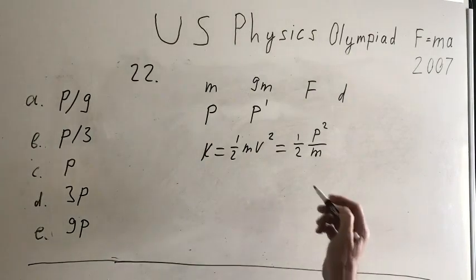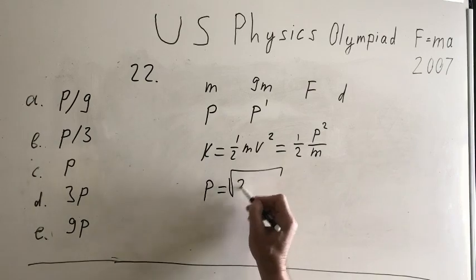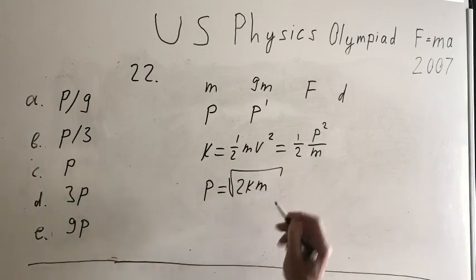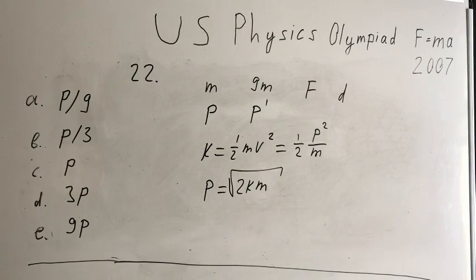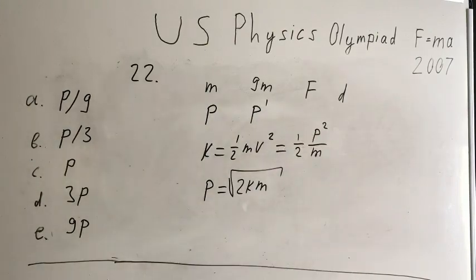From this we can find that momentum equals the root of 2km, and if we look at this expression, kinetic energy is the same, but mass was increased 9 times. It means that momentum was increased 3 times. So D is the correct answer.